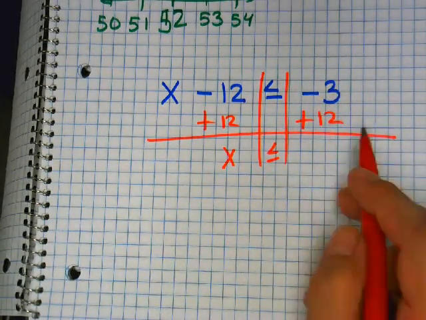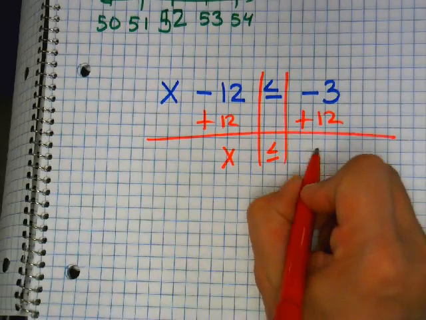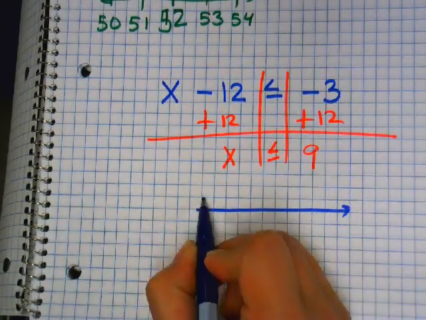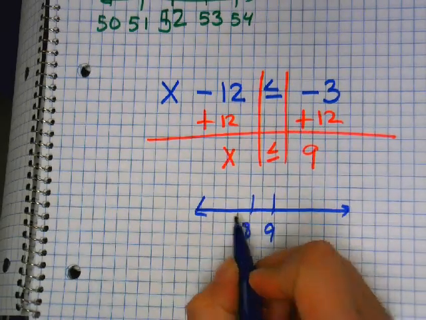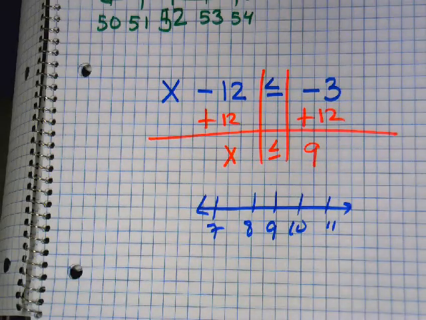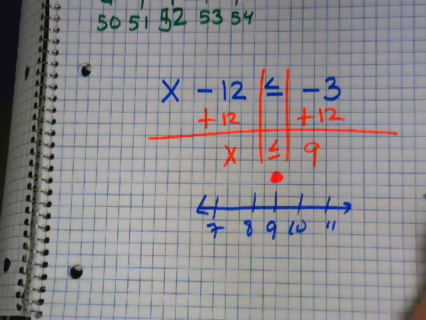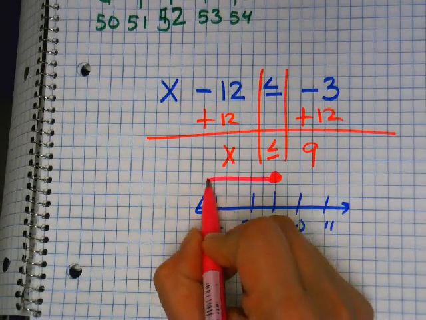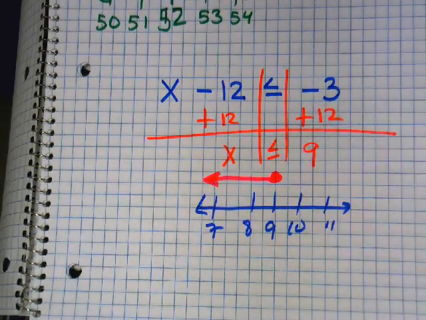What is negative 3 plus 12? 9. So that's 8, 7, 10, 11. Open or closed circle? Closed, and then shade right. No, left. Remember, this points in the direction of graphing.